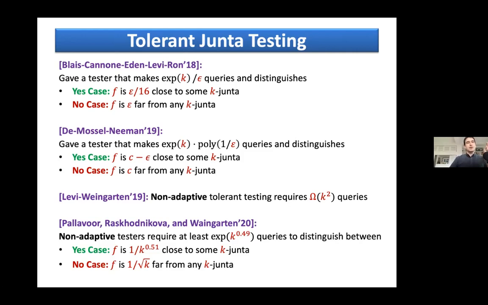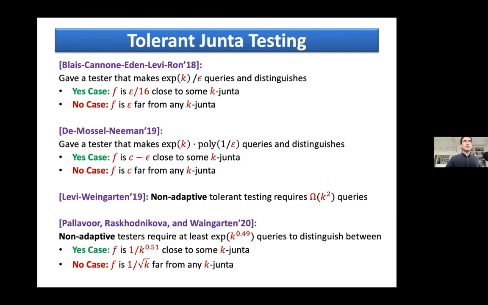In the yes case, you are 1 over k to the 0.51 close to a k-junta, and in the no case, you are 1 over square root k far. Notice here that the closeness and farness parameters depend on k, whereas in the result of Levy and Weingarten, they were absolute constants.